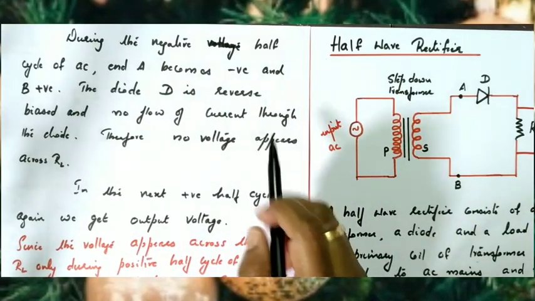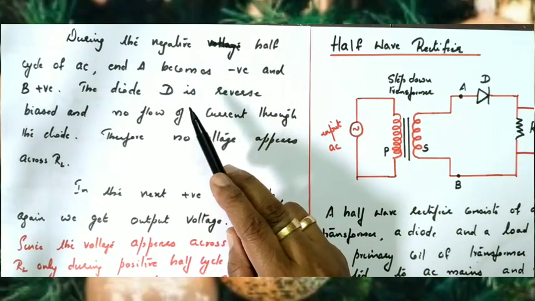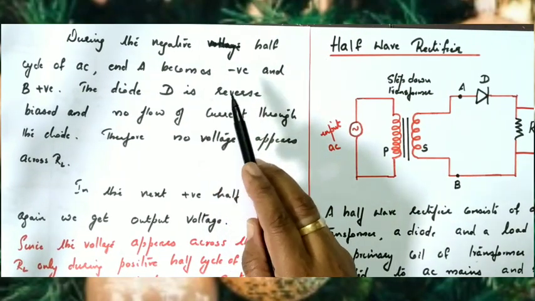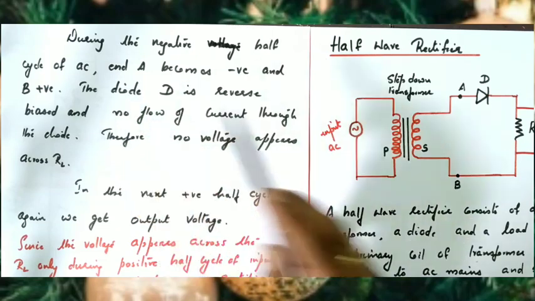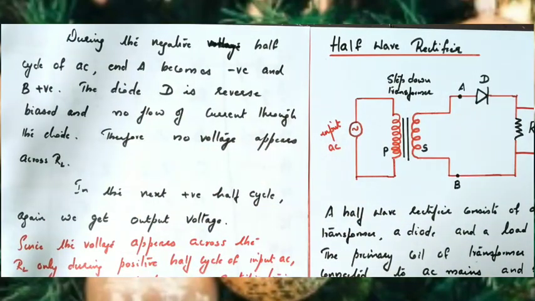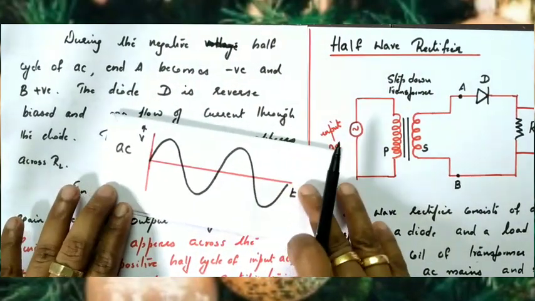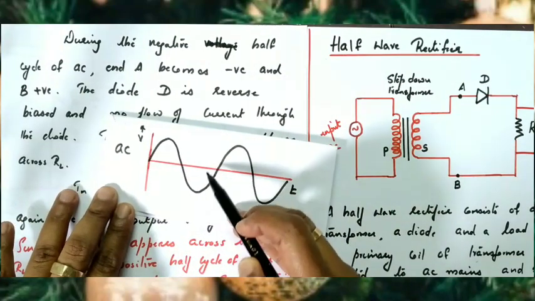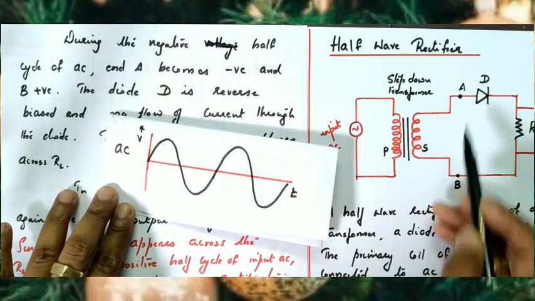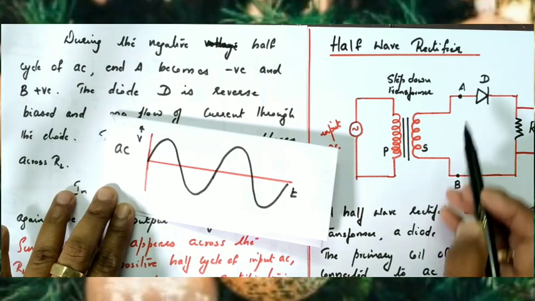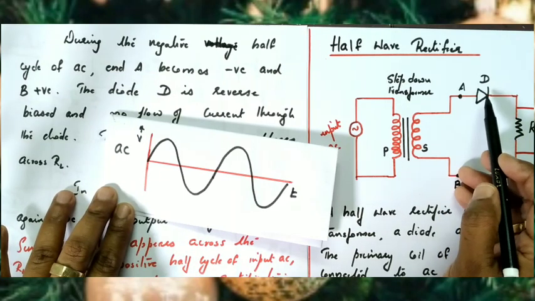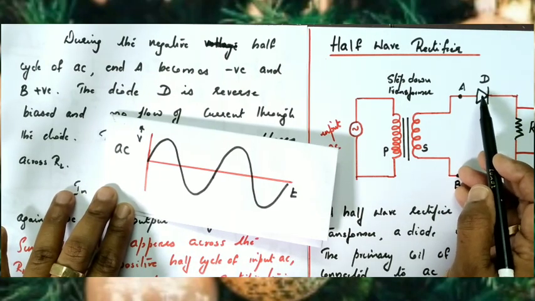Now, during the negative half cycle of AC, what happens? End A becomes negative and end B becomes positive during the negative half cycle of AC. Since end A is negative, diode D does not conduct because it is reverse biased, no?